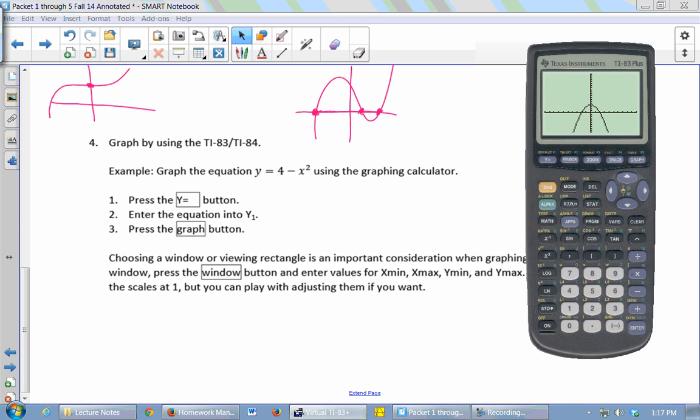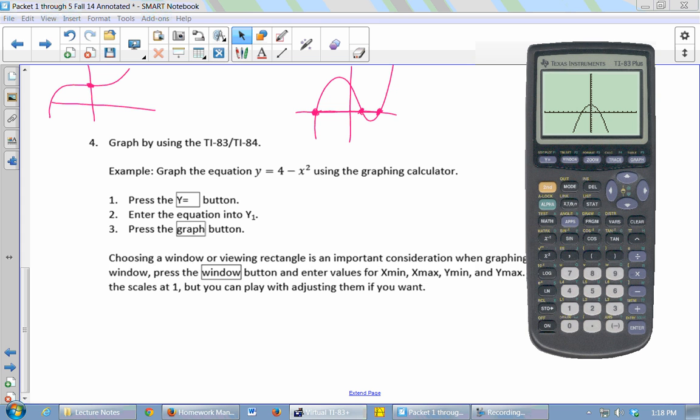And there's the picture. So what your calculator does is it plots a lot of points, and not just the integers, but numbers between the integers. Maybe it plots every 10,000th along x. And so when we see it, the pixels are big and it looks like they're connected. So choosing a window or a viewing rectangle is important.